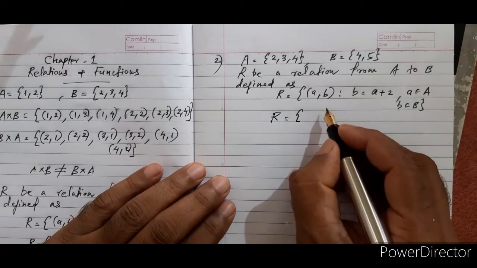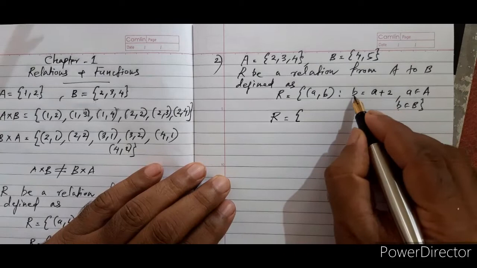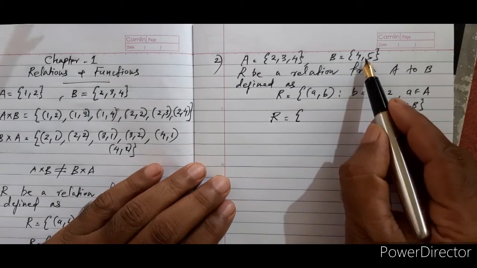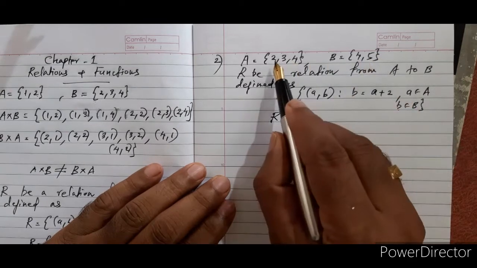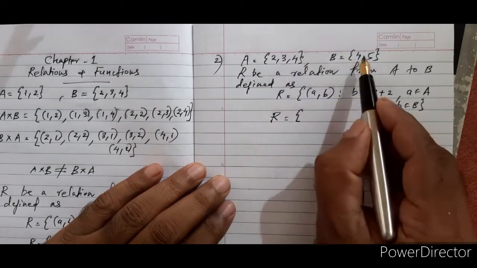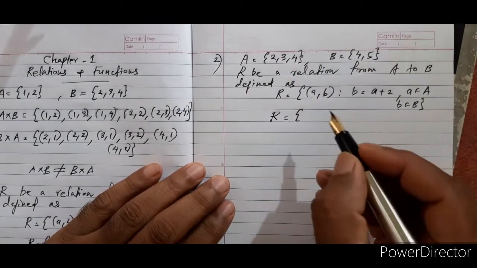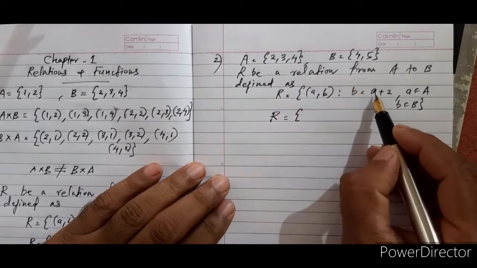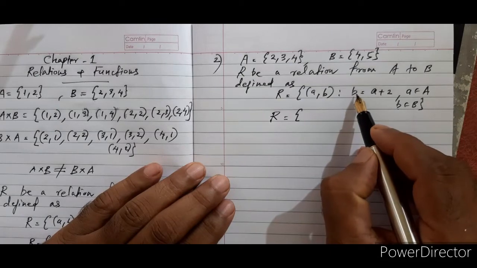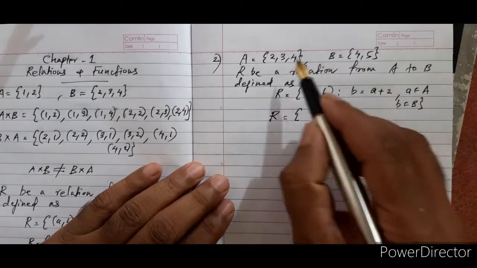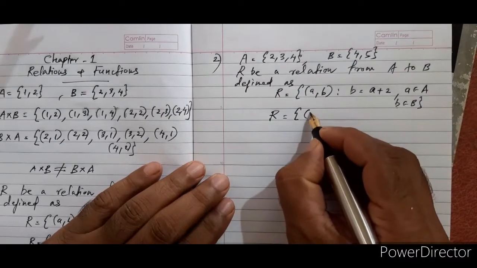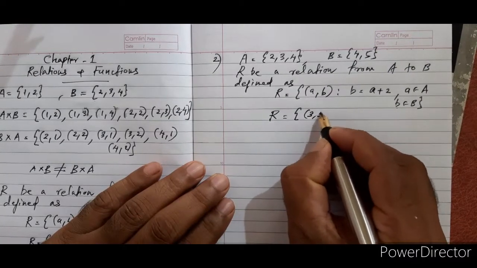So when a equals 2, what is the value of b? b equals 2 plus 2, that is 4. But wait, we must check against B. Take the first element: b is 4, which is in the set, so 2 is related to 4. Now take the second element, that is 3. When a equals 3, the value of b will be 5. That means 3 is related to 5. So the first element of R is (3, 5).